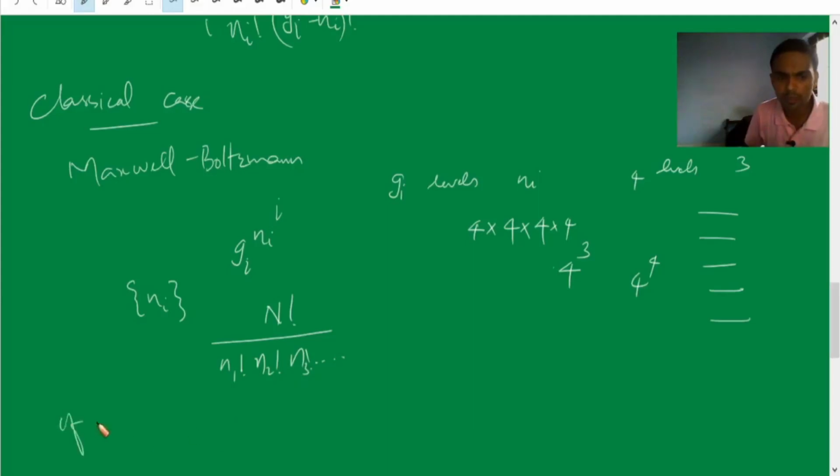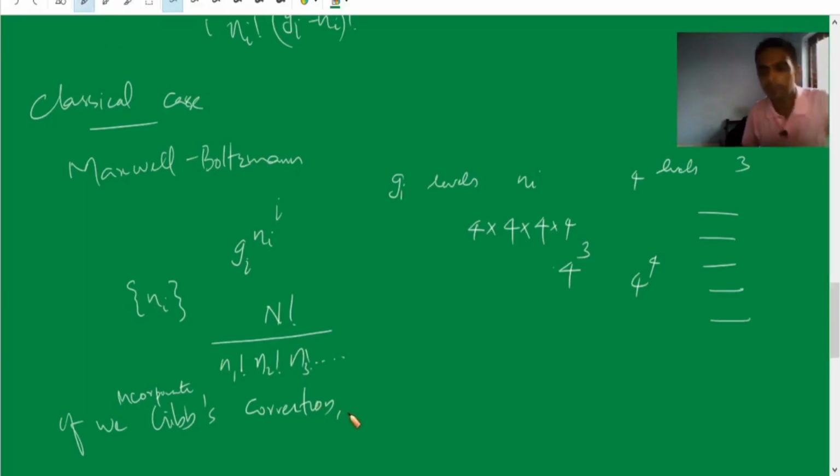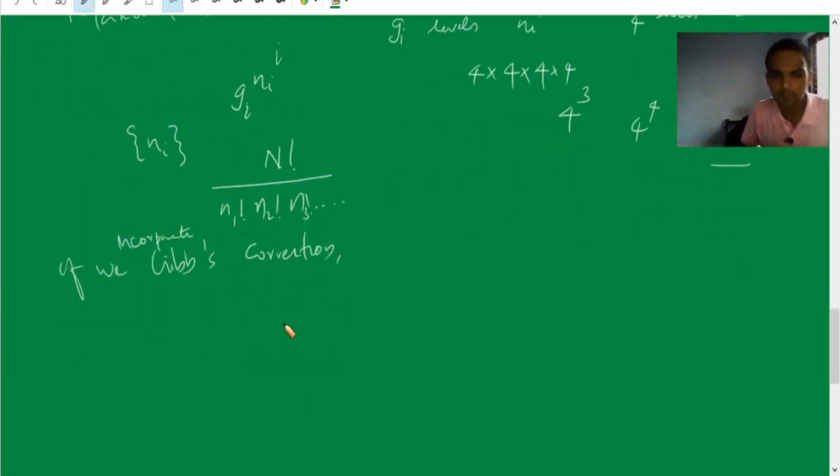If we incorporate the Gibbs correction, this will become 1 by n1 factorial, n2 factorial, n3 factorial, because we want to divide by N factorial.